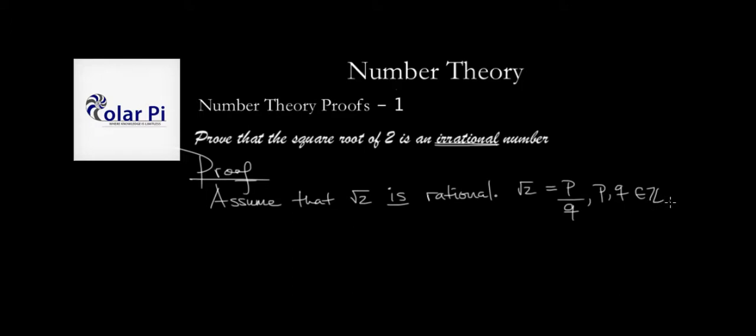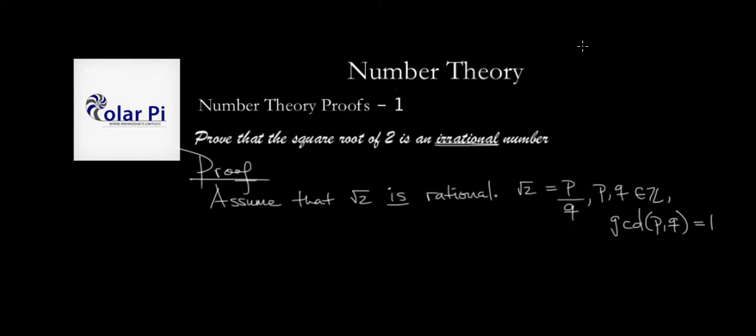And we also need a very important addition, which is that p and q have a greatest common divisor of 1. GCD(p, q) = 1. That is, this is in most reduced form.